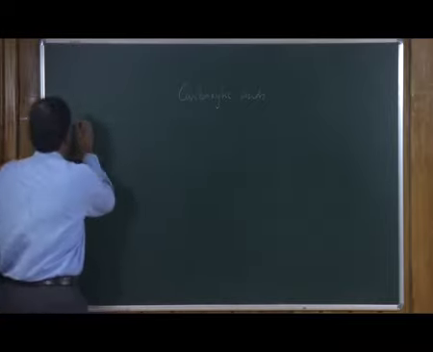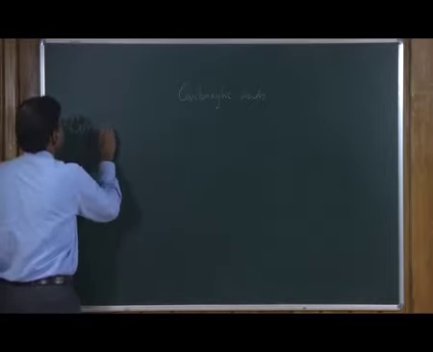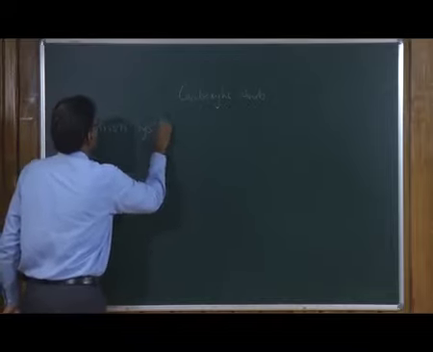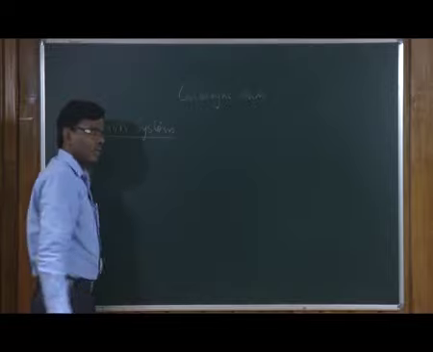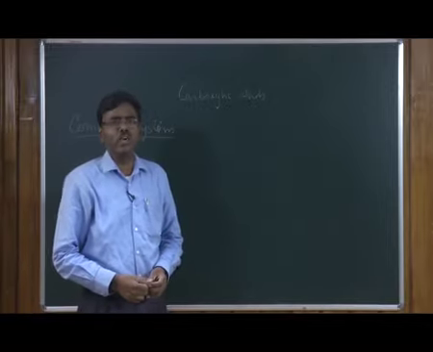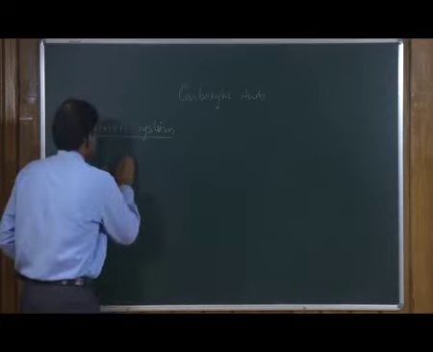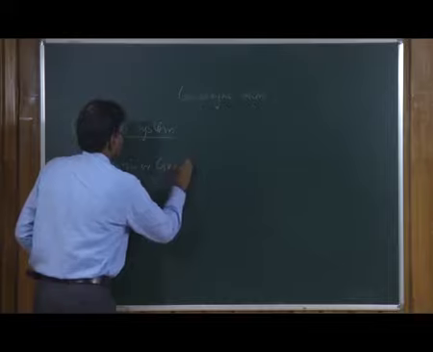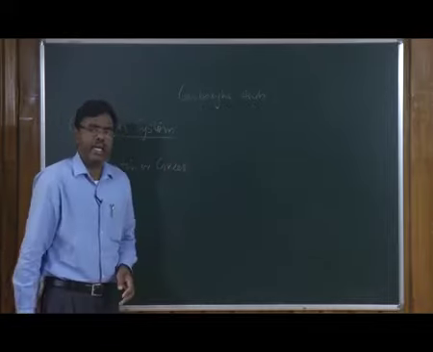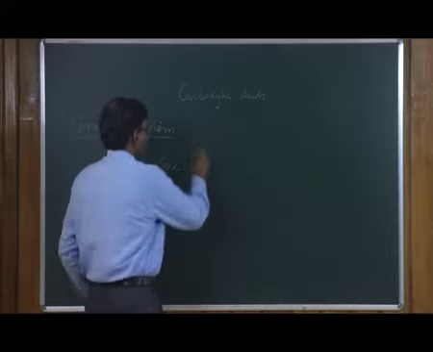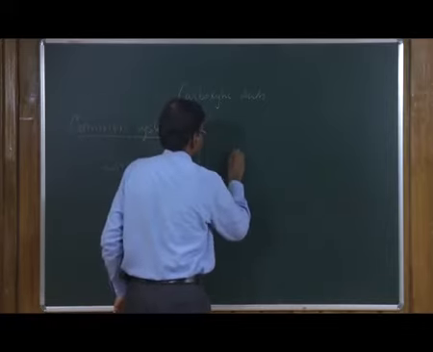In the common system, the carboxylic acid names are derived from Latin or Greek words that indicate the source of the carboxylic acid. For example, formic acid.